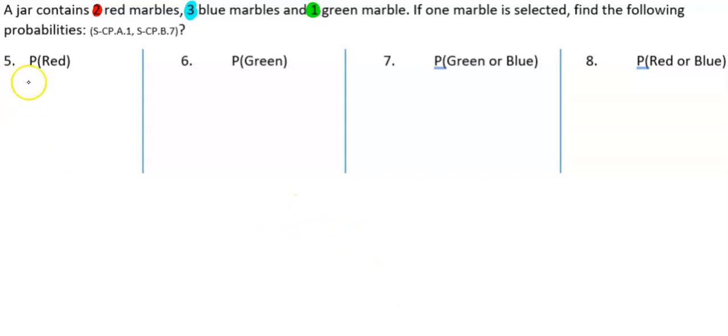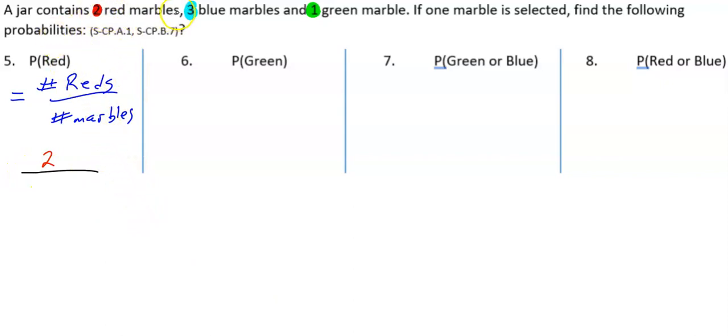So I'll help you with number 5. For the probability of a red, you need to put the number of reds over the number of marbles, and then you need to reduce it. A jar contains 2 red marbles, so there are 2 marbles that are red, over all the marbles in the jar.